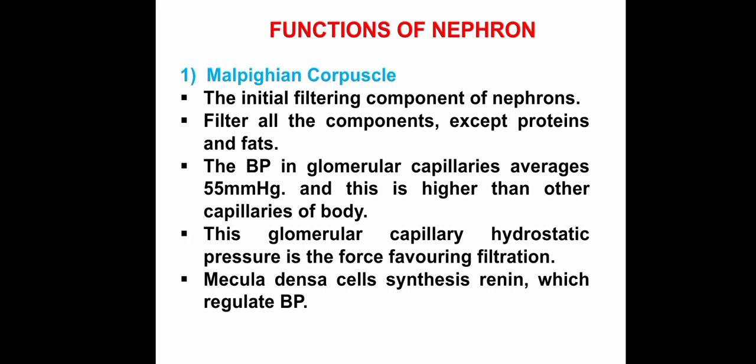Filter of what? Filter of blood. It filters all the components except the protein and the fat. How? Because the pores of the glomerular filter are such that they allow almost 95 or 98% of the water present in our blood, very small size proteins, and many other organic or inorganic substances which are necessary to be excreted from the body to be filtered out.